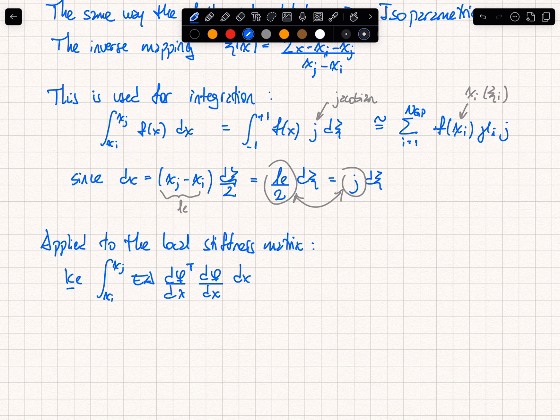Notice that these are the derivatives of the shape functions with respect to global coordinates.